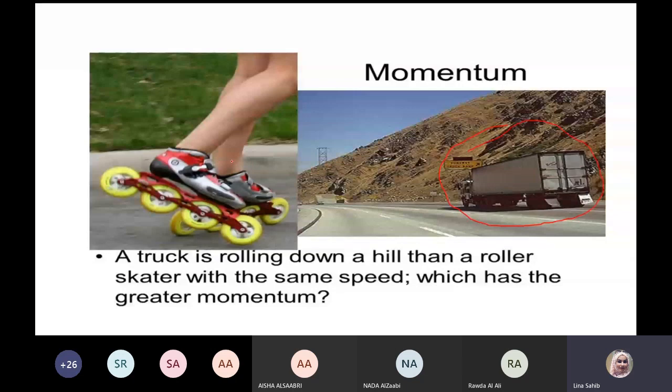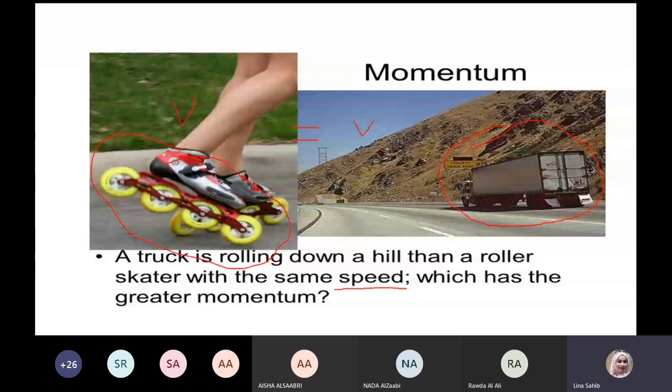On the left side, there is a guy moving on a skater. A truck is rolling down a hill, then a roller skater with the same speed. So the picture shows the same velocity for both, equal.